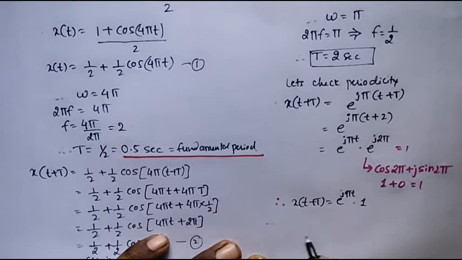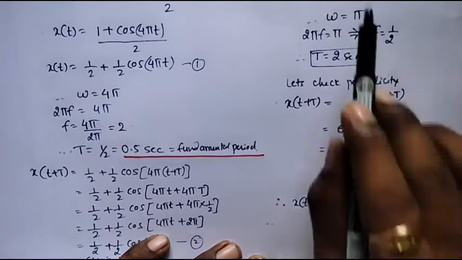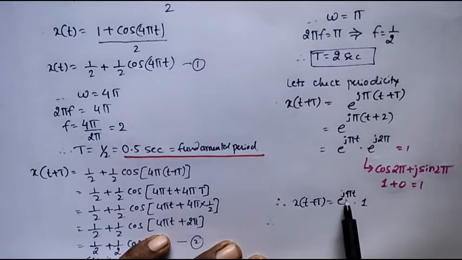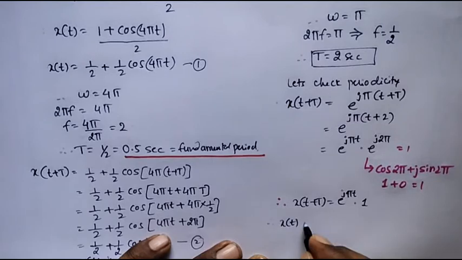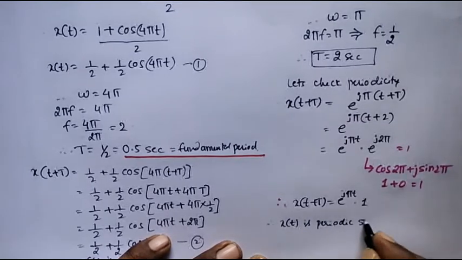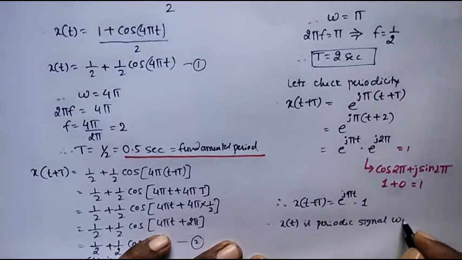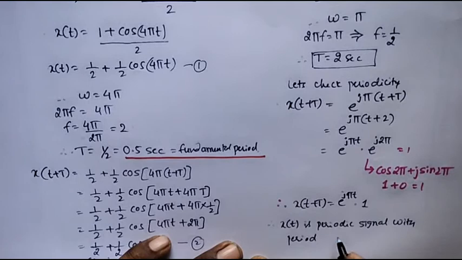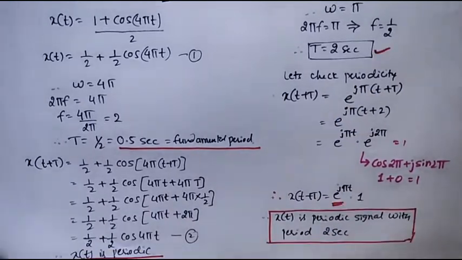So x of t, that is e power j pi t, is equal to x of t plus T, that is e power j pi t. Therefore x of t is a periodic signal with period 2 seconds. Now let's consider another example.